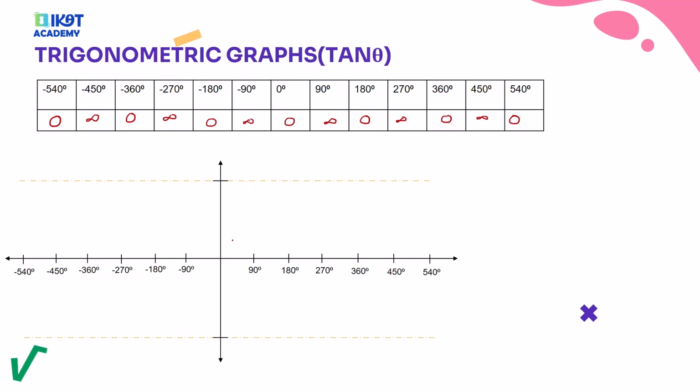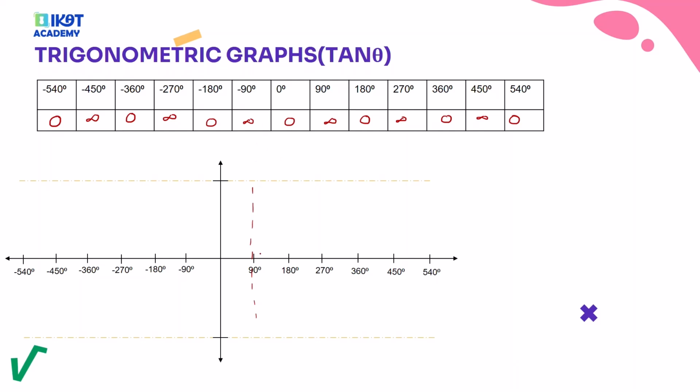When you plot the values of tan on a graph, you realize that for all the odd multiples of 90, tan is giving us a math error. It's undefined, actually. That's the right word to use: undefined. So if we were to draw the graph of tan, at all the points which are undefined, we're going to draw lines.